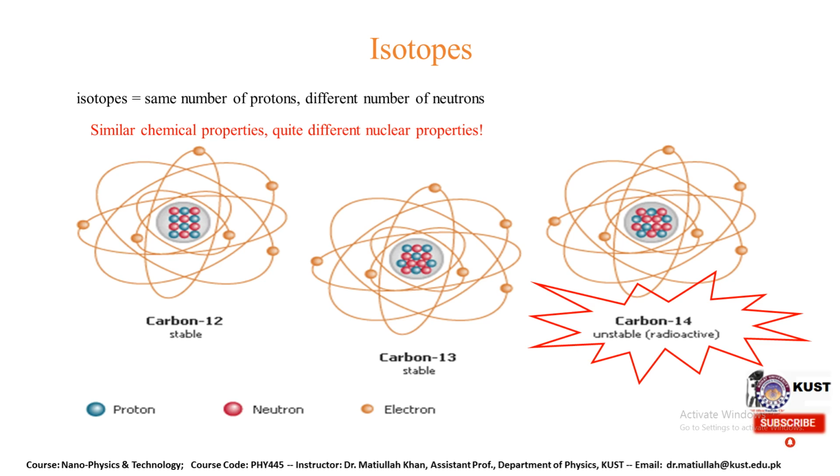Carbon 12 and carbon 13 are stable configurations, while carbon 14 is unstable and radioactive. The different colors represent the elementary particles inside the nucleus. Just like this is proton, this is neutron, and this is electron revolving around the nucleus.